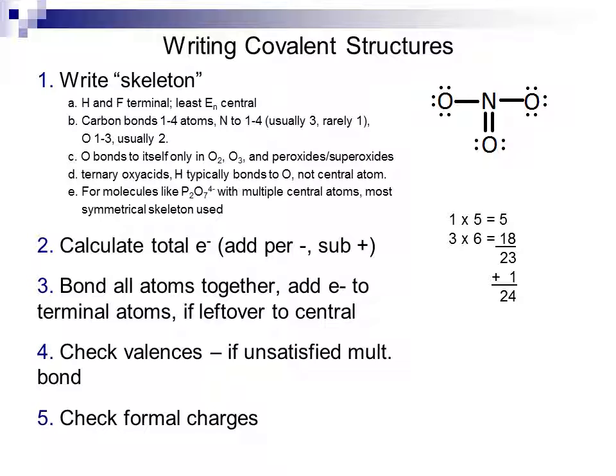The bottom oxygen has 2 from each lone pair, which is 4, and 1 from each bond, which is 2, so a total of 6. Nitrogen has no lone pairs, and it gets 1 from each bond, which is a total of 4. Comparing that to the valence, nitrogen started with 5, now has 4, which gives it a positive charge because it's lost 1. The bottom oxygen started with 6 and still has 6, so it has no charge.